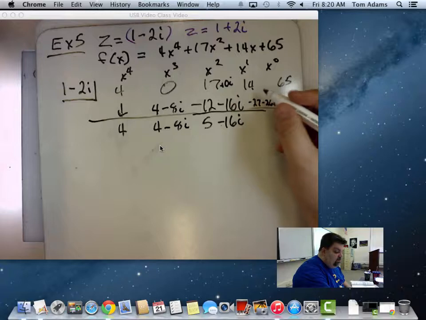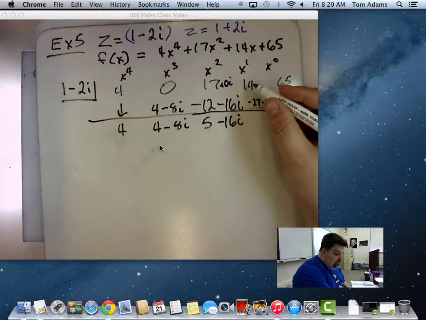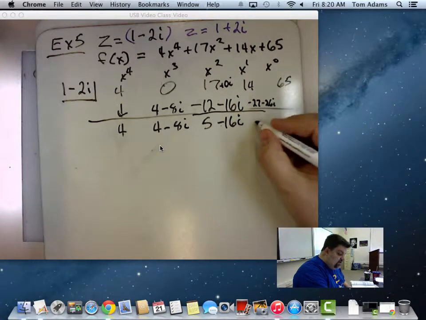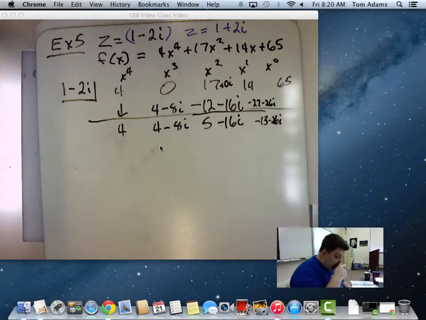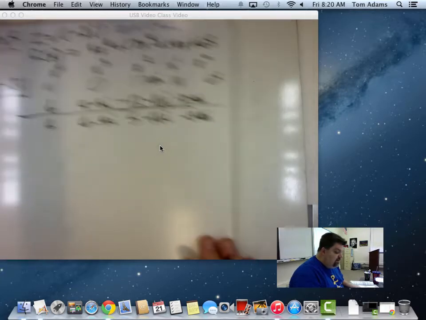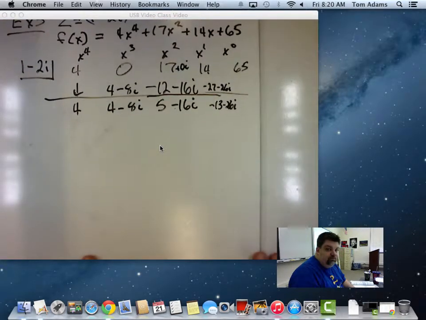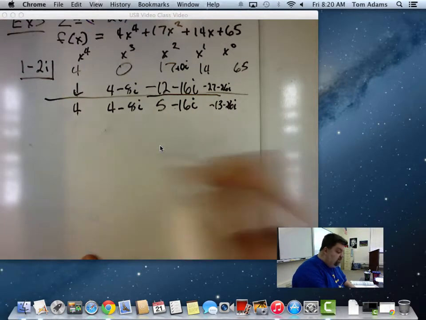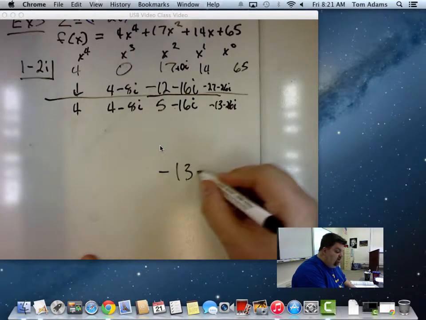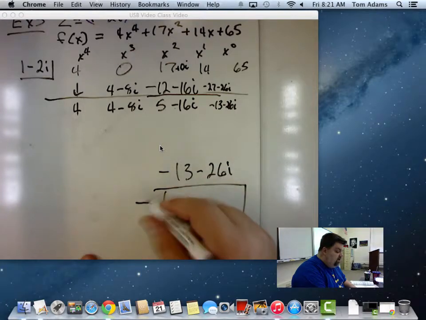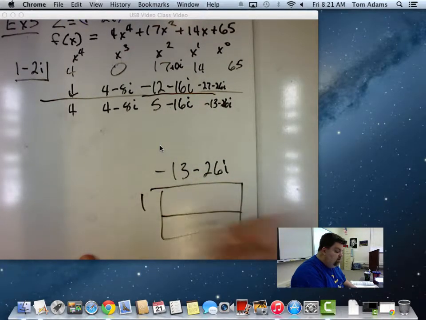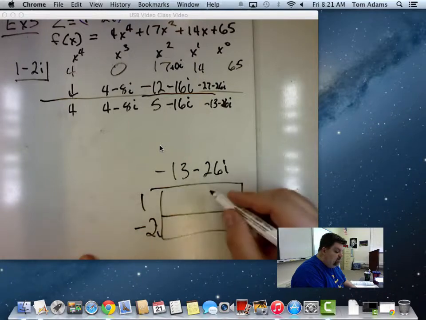So now what I need to do is combine like terms again, and I get negative 13 minus 26i, and I'm going to multiply that by this. So I'm going to say negative 13 minus 26i times 1 minus 2i.